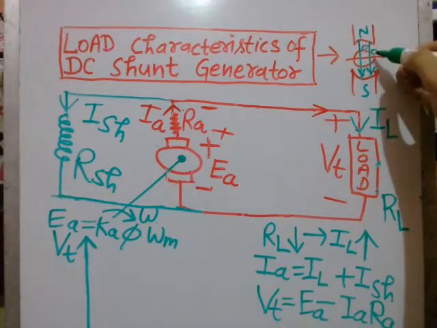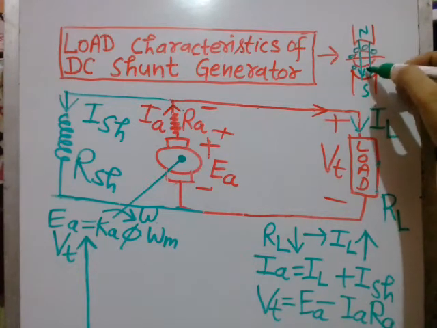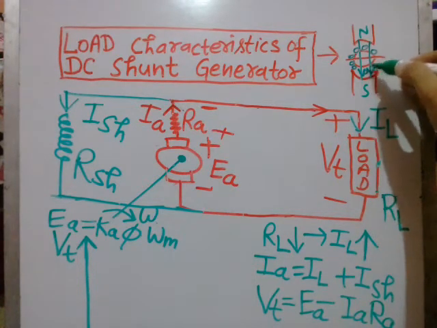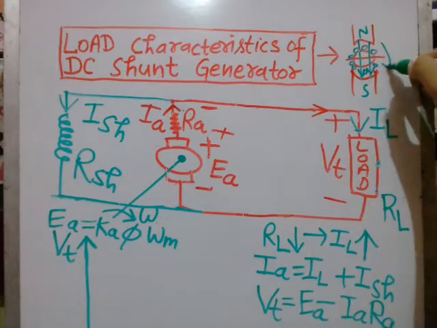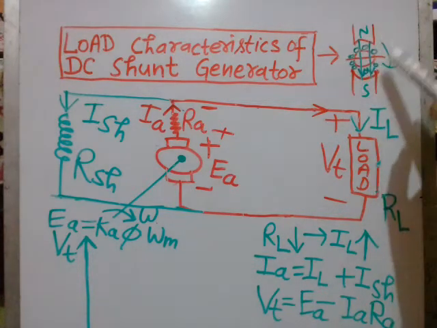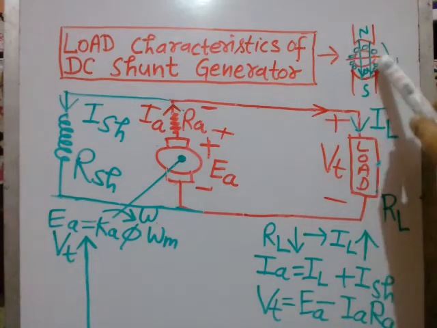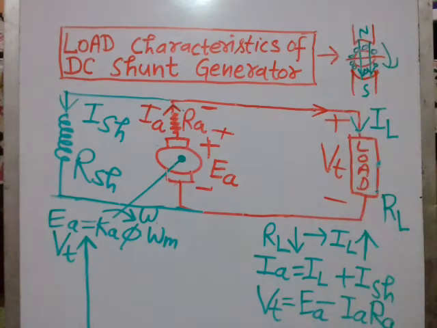So these rotor conductors cut the stationary magnetic field lines, and due to this there will be a change in flux with respect to time. This change in flux with respect to time is nothing but the induced EMF. So this induced EMF will be developed in these rotor conductors.